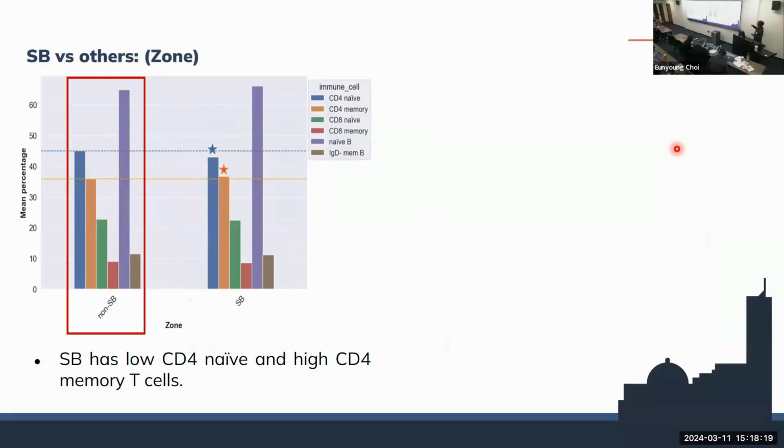Now we will see whether there is any difference between the immune cell populations between stroke belt and other states. Here the baseline is non-stroke belt states. As we can see, the blue bar, CD4 naive, is less in stroke belt states compared to non-stroke belt states. And the orange bar, CD4 memory, is slightly higher and is shown to be significant, but the actual difference is not much.